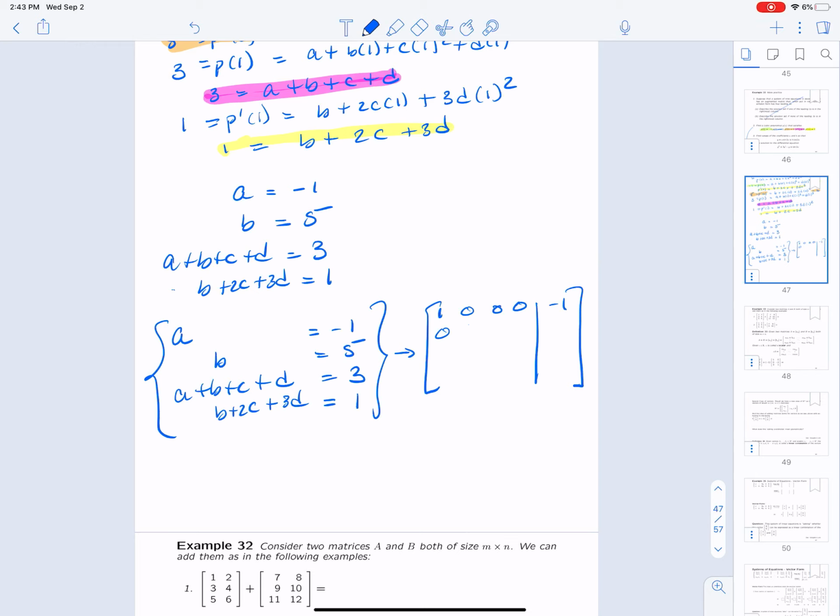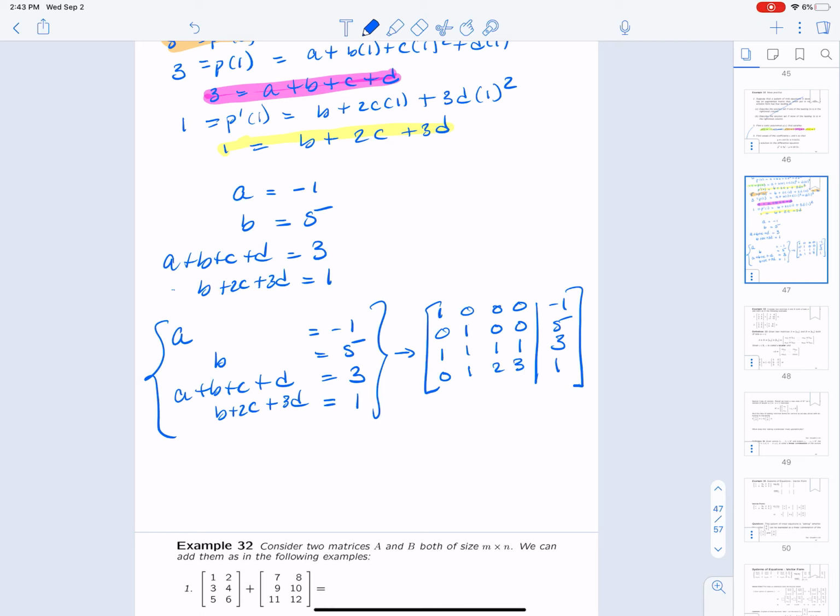That's why I have 1 corresponding to the a plus 0b plus 0c plus 0d. Then 0 times a plus 1 times b plus 0 times c plus 0 times d is 5. And then 1 times a plus 1 times b plus 1 times c plus 1 times d is 3. And 0 times a, 1 times b, 2 times c, 3 times d equals 1.